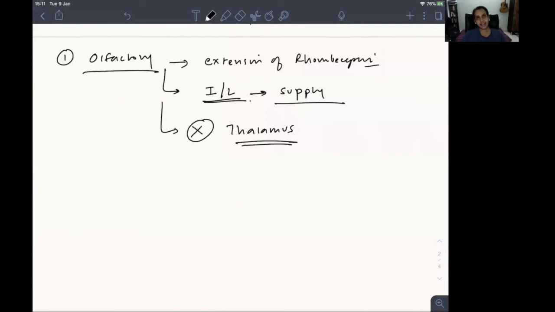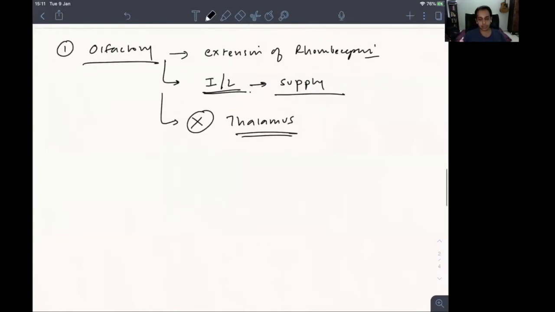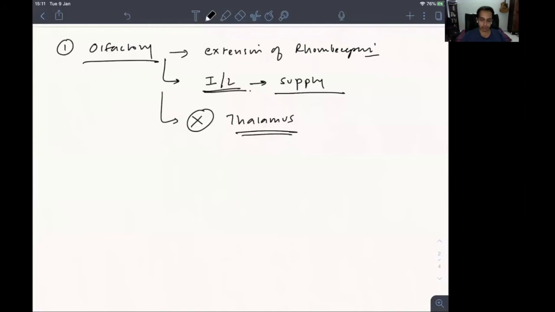It directly enters into the cortical regions where it is supposed to go. So these are a couple of important things why the olfactory nerve is not like the others. So it is ipsilateral and it doesn't go through thalamus. So that means that there is no second order neuron.